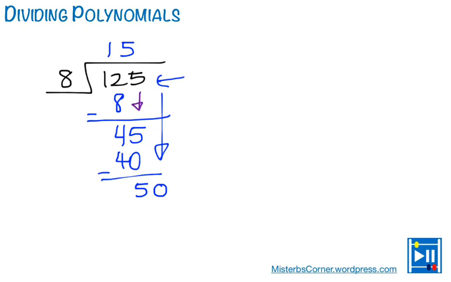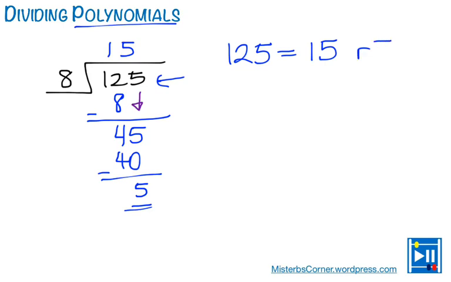But we're going to stop here, because while dividing polynomials, we are not going to go on when we have a remainder. We just stop there, and that's going to be our answer. So for this one we can say 125 is 15 with remainder 5. So what we're going to do with polynomials is similar. This is how we do the division.